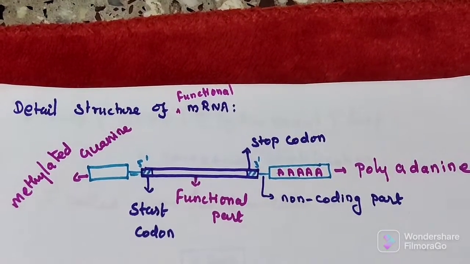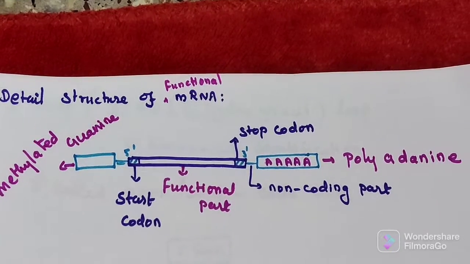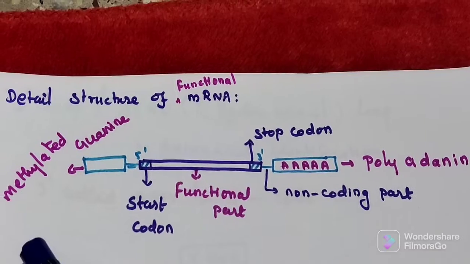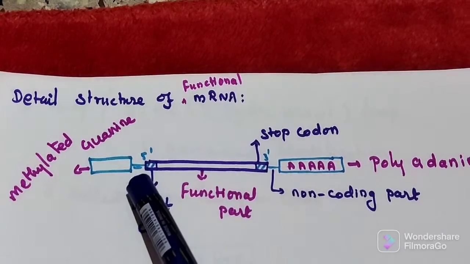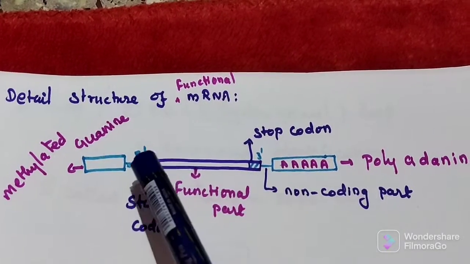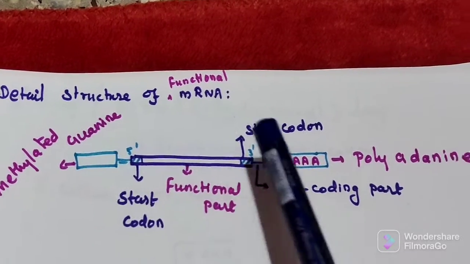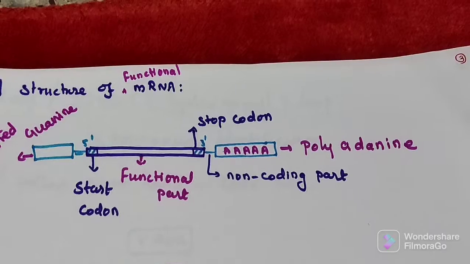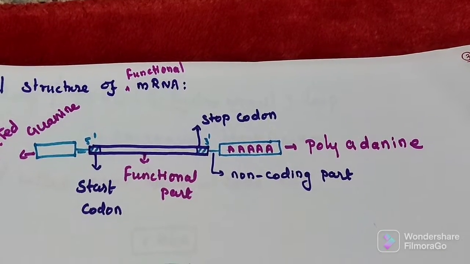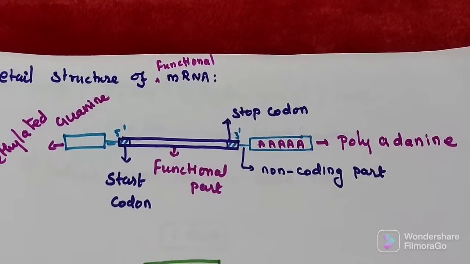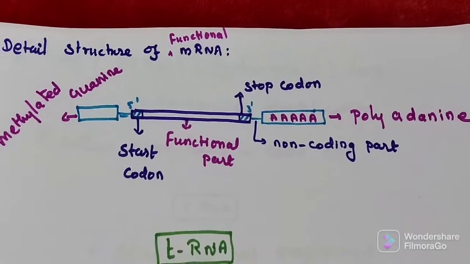So starting codon, stop codon, and the middle part is the functional part. This one is the non-coding part. Here this one is the non-coding part. This cap is methylated guanine, the tail is polyadenine. This one is the functional mRNA. This is the detailed structure of functional mRNA.